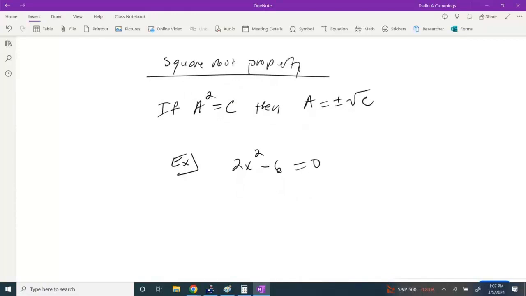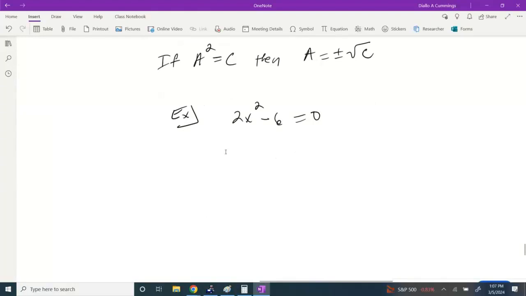Now here again, in order to use this square root property, you have to have a certain form. And the certain form you have to have is your squared term and your constant. So in this case, we have a squared term, 2x squared, and we have a constant. In order to use the square root property, we have to isolate for our squared term.